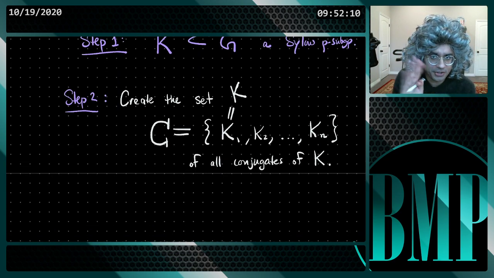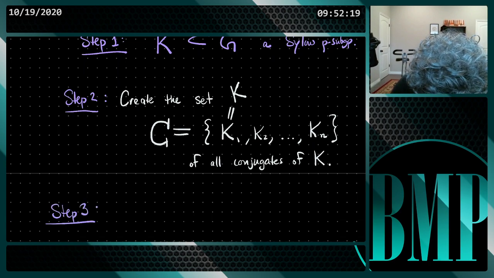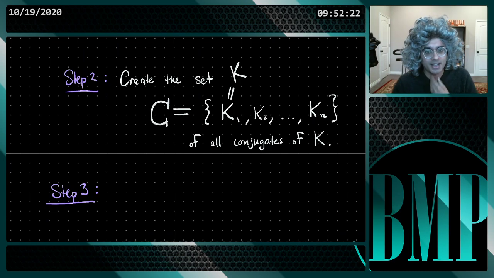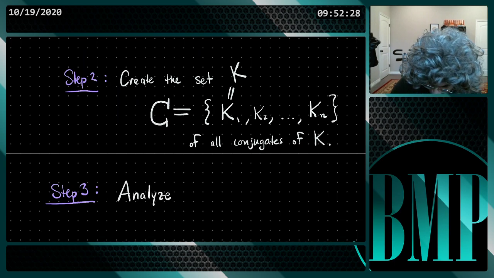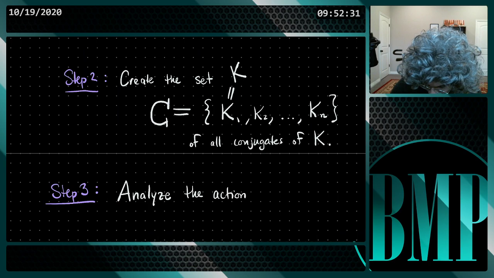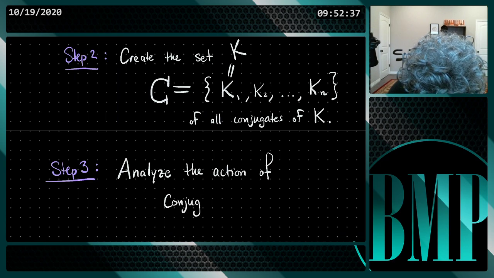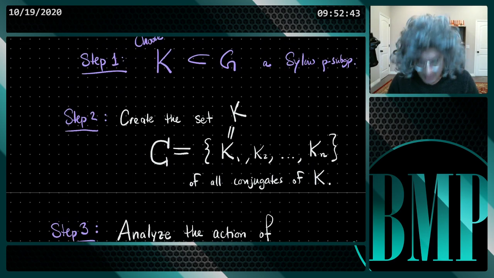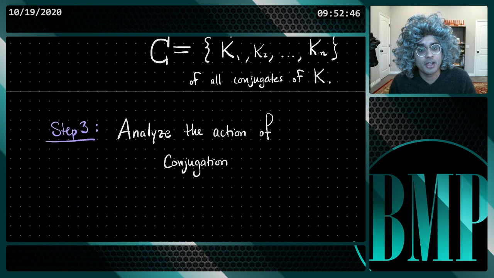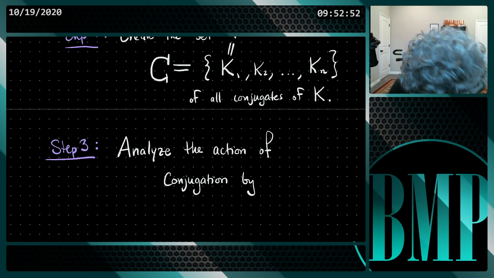All right, so the third move, the third thing that all of the theorems will analyze, is the action of conjugation, not by the group capital G necessarily, but consider the action of conjugation by some particular subgroup.